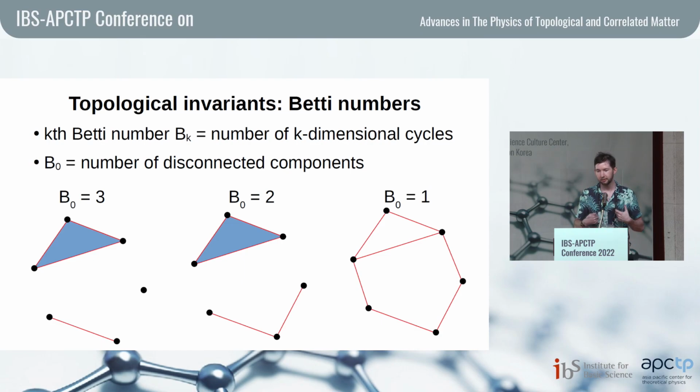So the topological invariants which can be used to characterize graphs and simplicial complexes are known as Betti numbers. And so the kth Betti number is counting the number of k-dimensional holes or k-dimensional cycles in your complex. So for example, the 0th Betti number is simply the number of disconnected components.